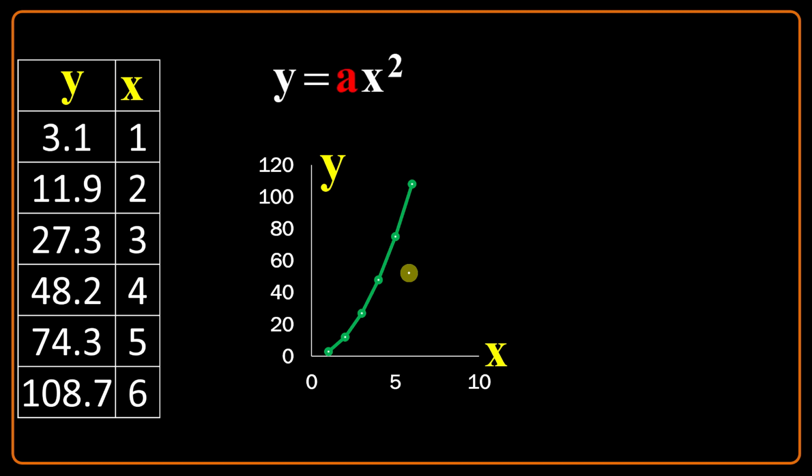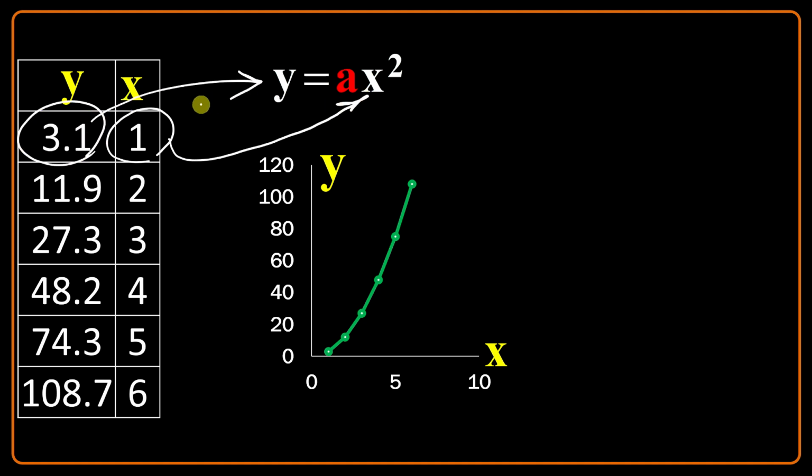Something like y equals ax squared. How should I check that my hypothesis is true? How should I find the value or the best value for this a? Something which is in my mind at the beginning step is to check the values. I may substitute the value of x and the corresponding value for y here and find the value for a.